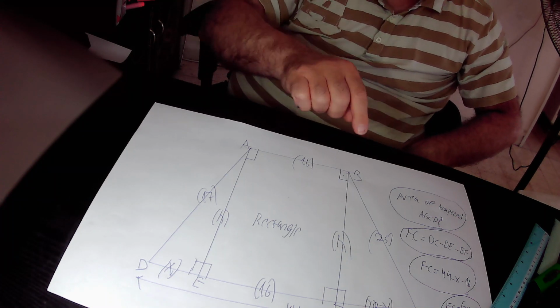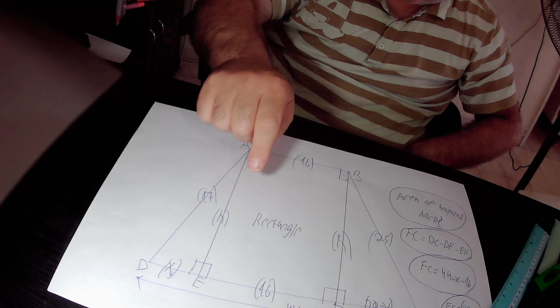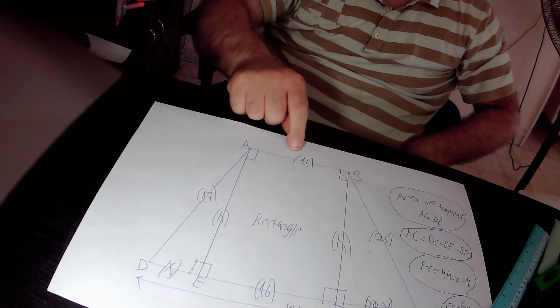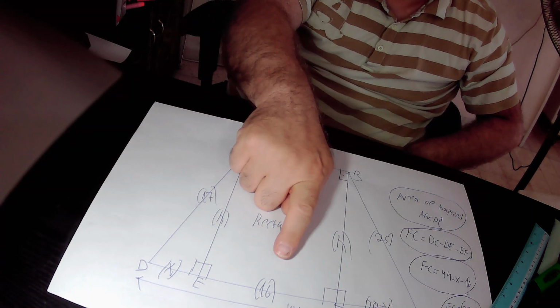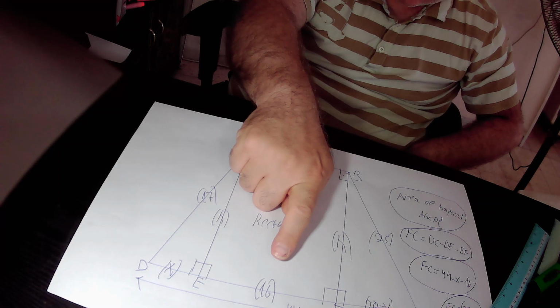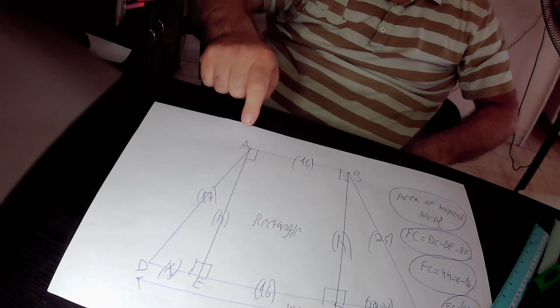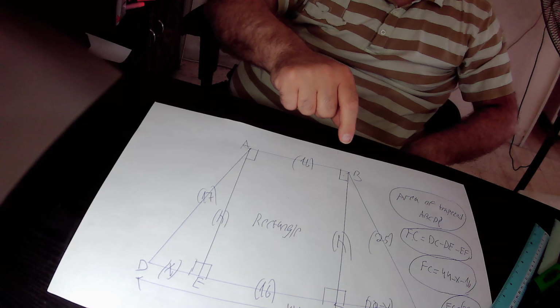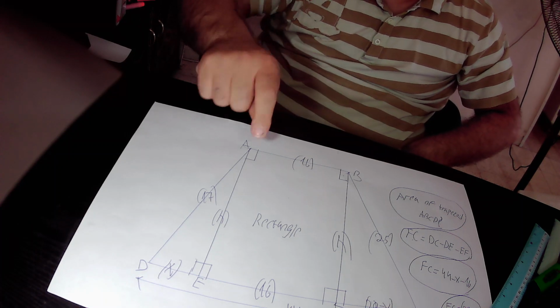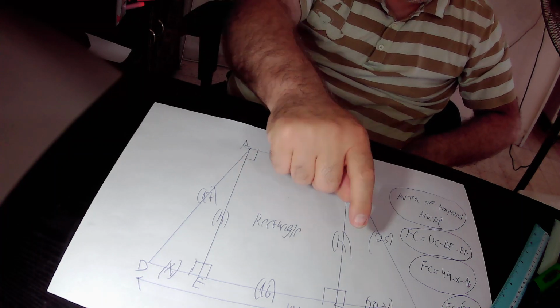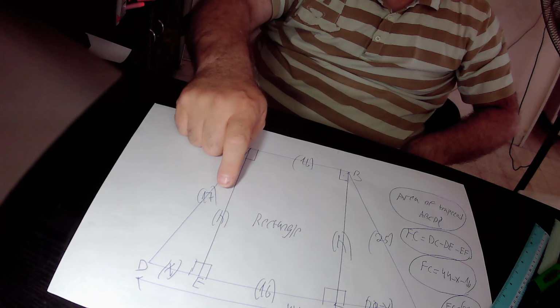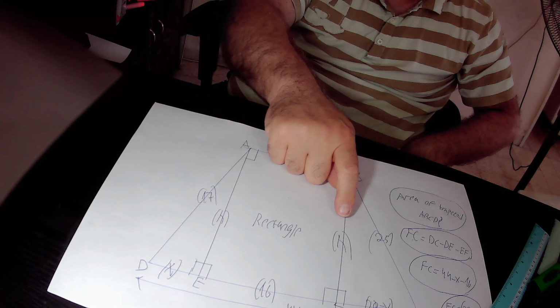So in rectangle ABFE, side AB must be equal to the opposite side FE. But AB is 16, therefore FE must also be equal to 16 in its length. Likewise, according to the same rule, in the same rectangle ABFE, side AE must be equal to the opposite side BF. But AE is h, therefore BF must also be equal to h units in its length.